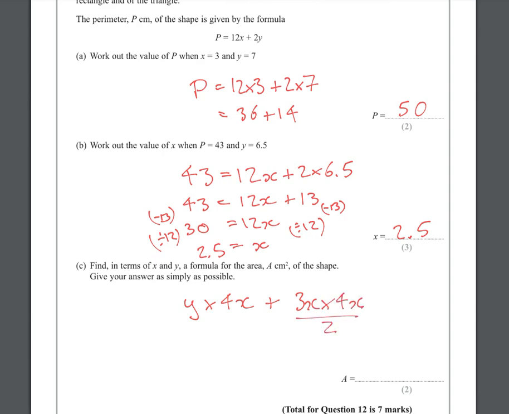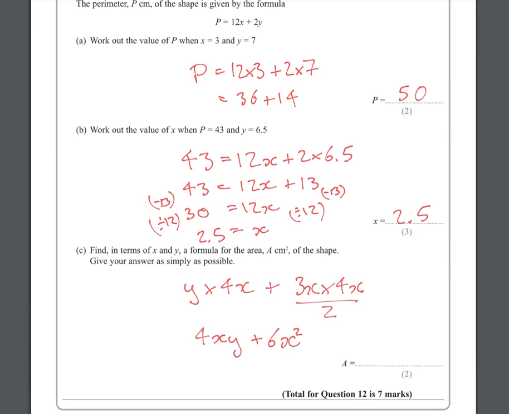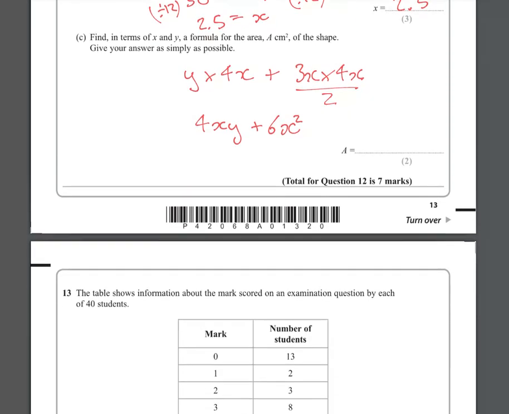And then we're going to divide that by 2. So Y times 4x, that's 4xy, plus 3x times 4x, that's 12x squared divided by 2. So that's going to give me 6x squared. So there we have it, 4xy plus 6x squared.